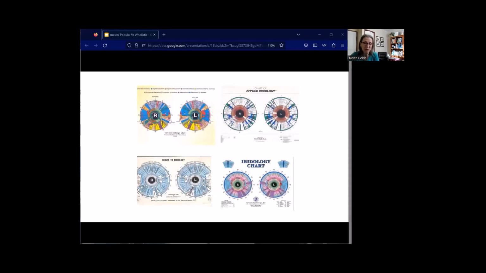So the first thing we want to be aware of is that there are a lot of iridology charts out there on the market. When we see charts that are subdivided into minute little areas, like so many of these are, they are not really constitutional charts.